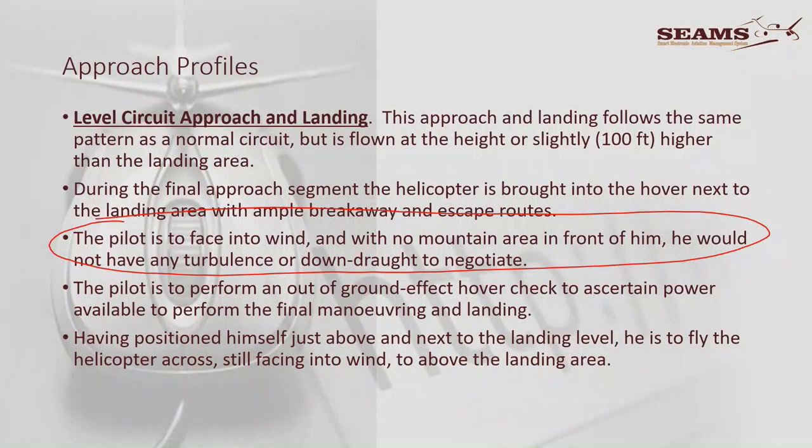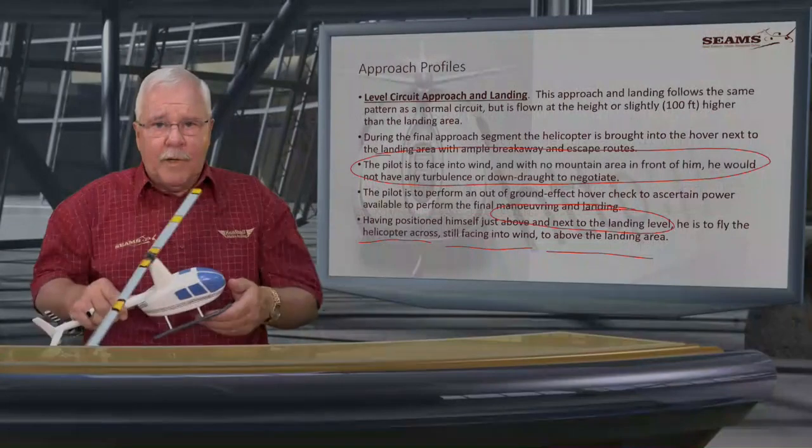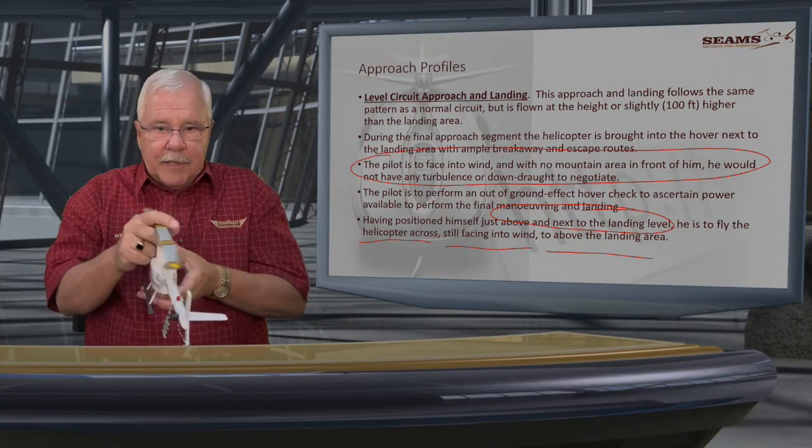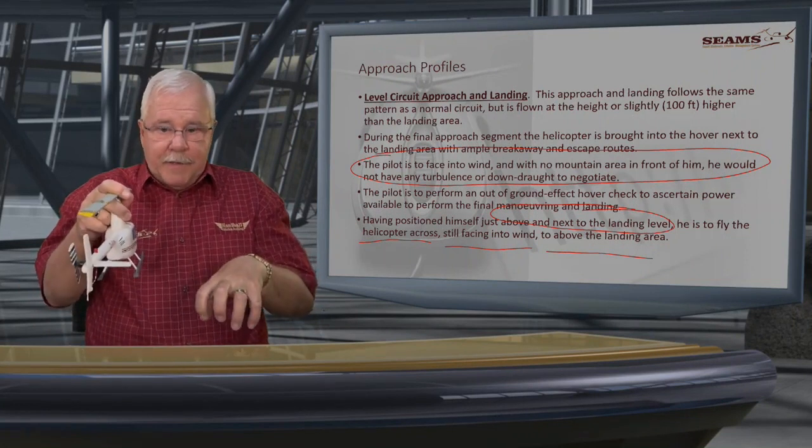The pilot is to perform an out-of-ground-effect hover check to ascertain the power, having positioned himself just above and next to the landing area. He is to fly the helicopter across, still facing into wind, to above the landing area. Let's say this is where the mountain is.